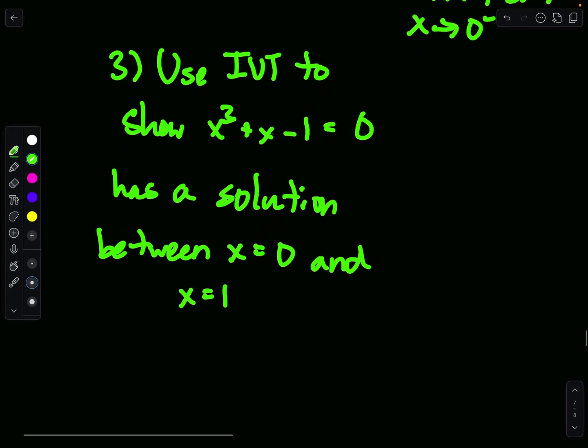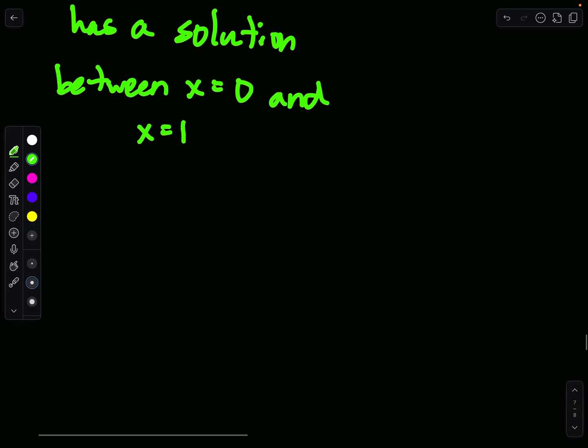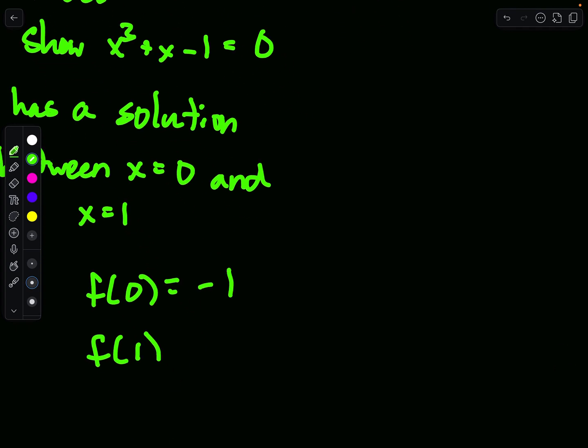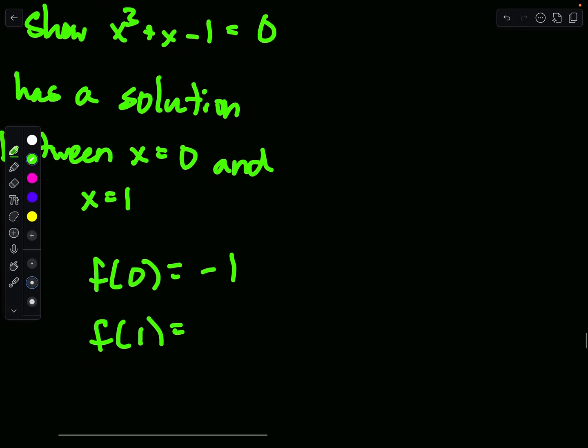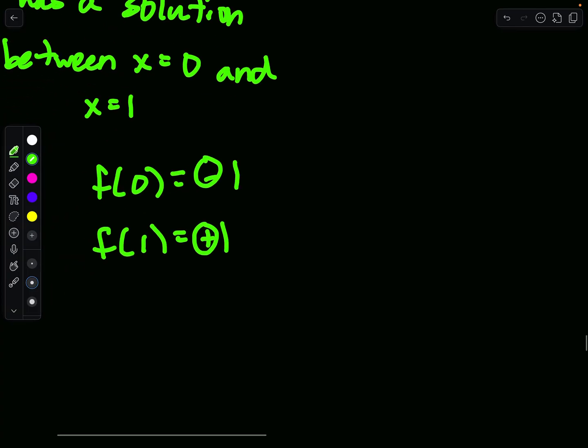And lastly, use the Intermediate Value Theorem to show that x cubed plus x minus 1 equals 0 has a solution between x equals 0 and x equals 1. We look at f(0) and f(1). f(0) is equal to negative 1, and f(1) is equal to 1. You can see that because of this sign change, there must be some value between 0 and 1 such that f of that value is equal to 0.